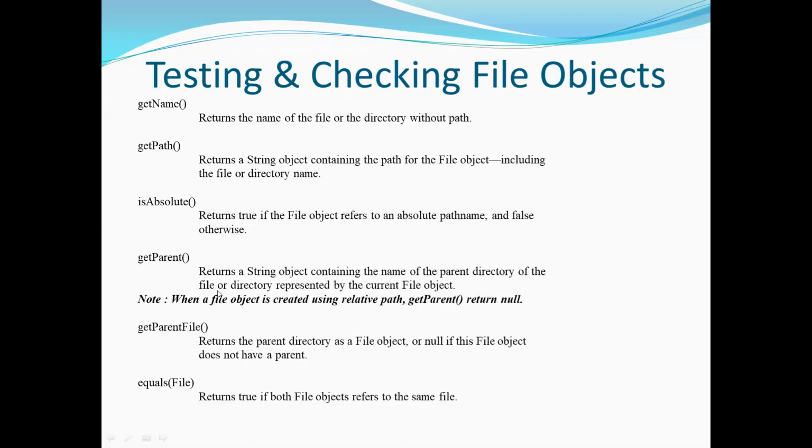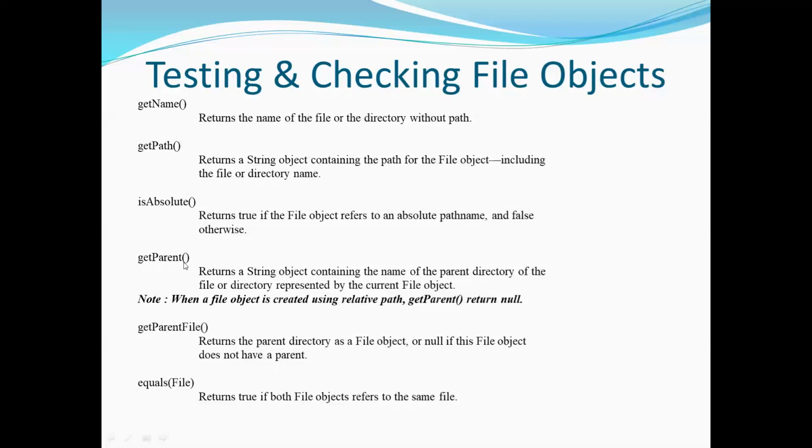The difference is that getParent will return the string object. Remember this one. And when you call getParentFile, it will return the object in the form of File. This method will return the file object, and this method will return the string object.